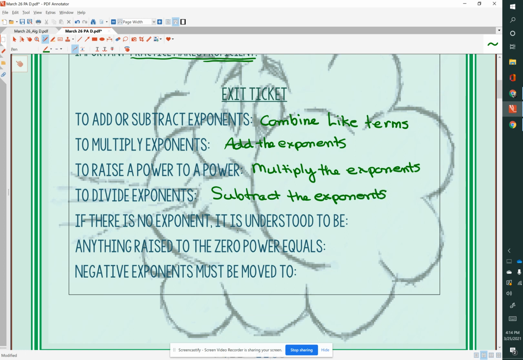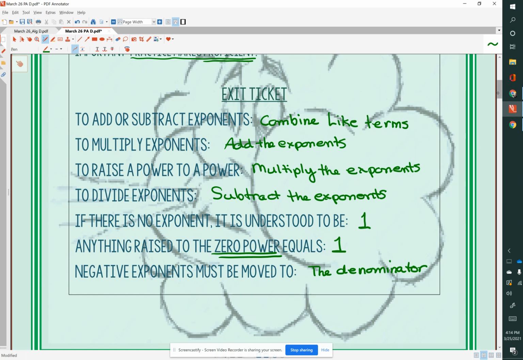If there is no exponent, the exponent is understood to be 1. Anything raised to the 0 power equals 1, and negative exponents must be moved to the denominator, where they will become positive.